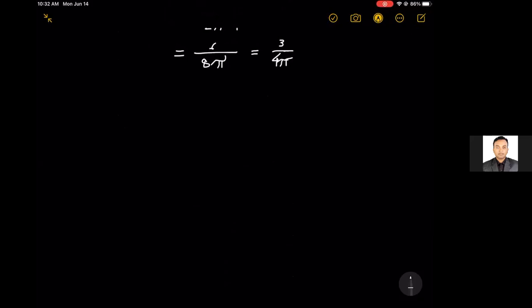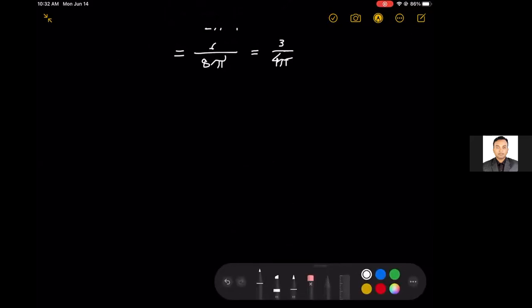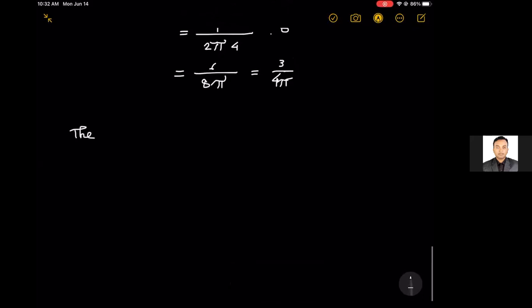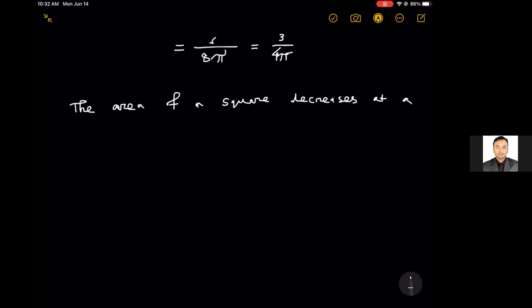Okay, so let's say the area of a square decreases at a rate of, let's say, 0.2 feet squared per second.